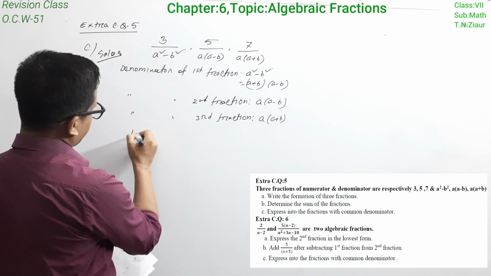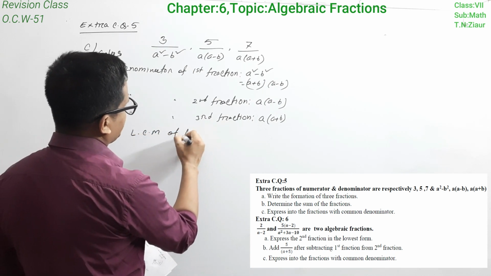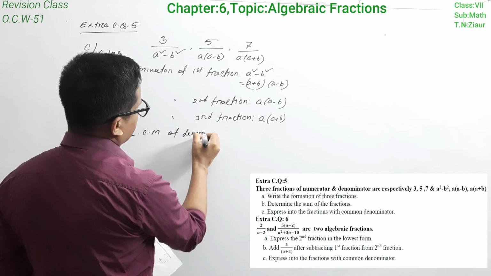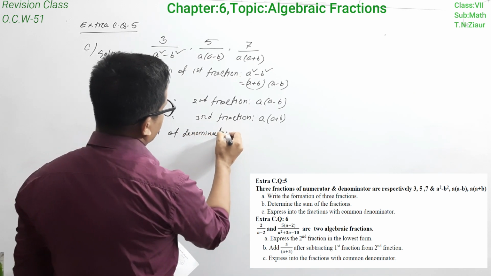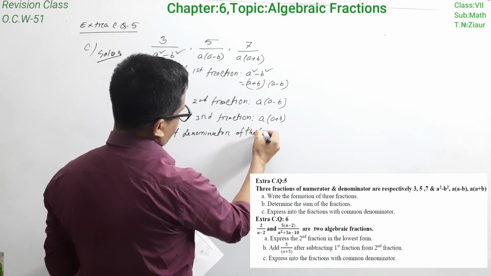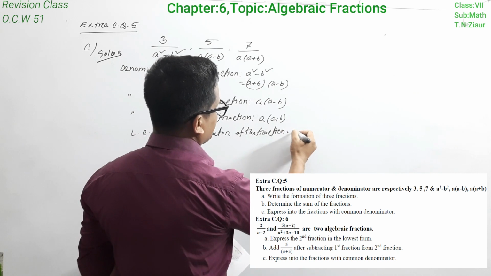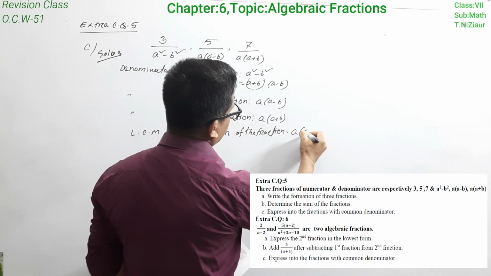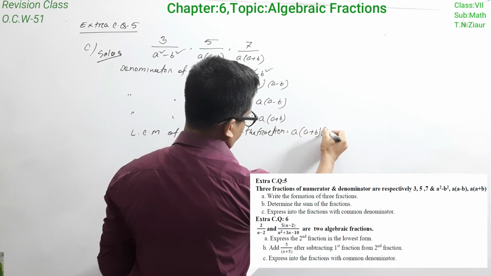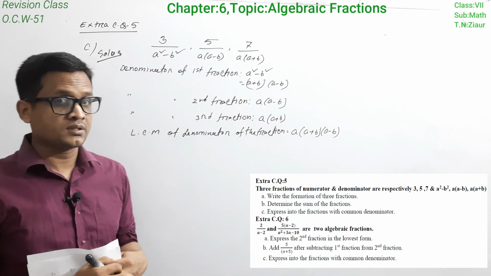So now just find the LCM of the denominators of the fractions. Okay students, you have already found it, right? a into (a plus b) into (a minus b). This one is the LCM. So now what will we do first?